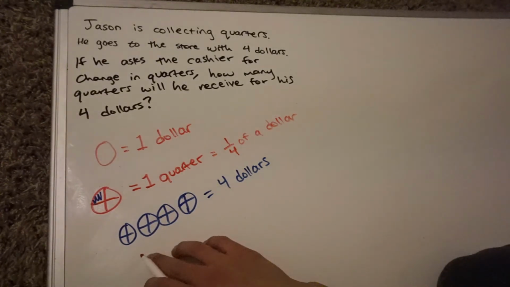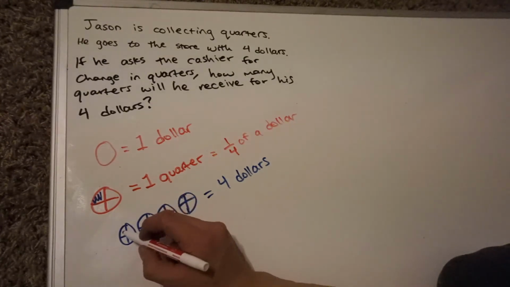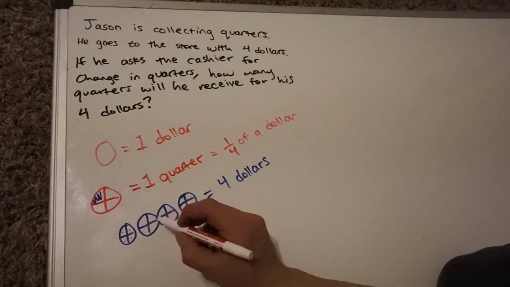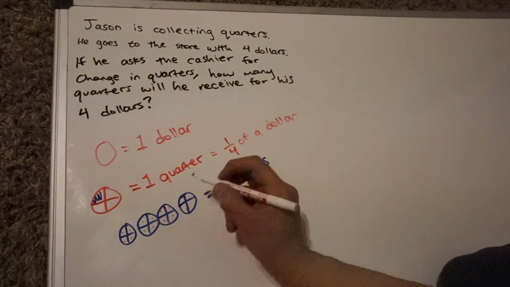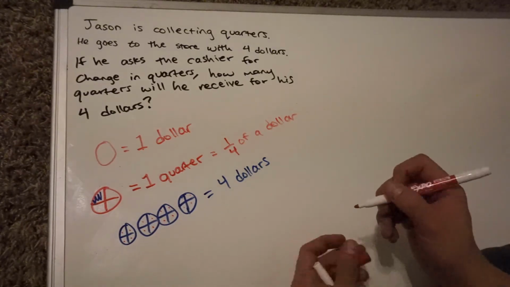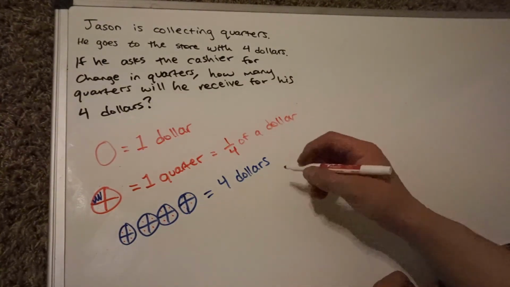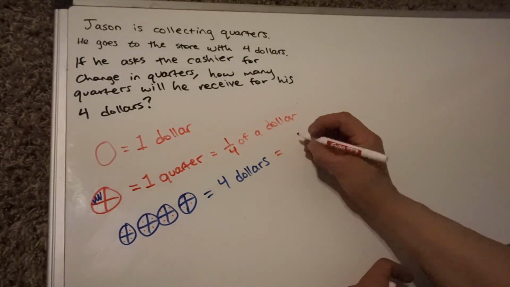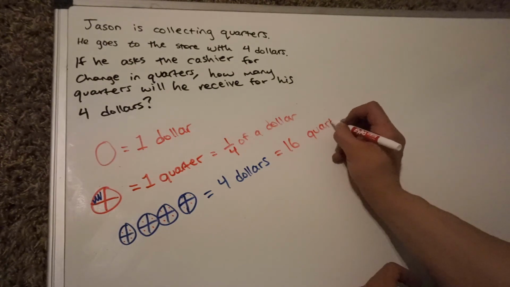Let's count those. We have 1, 2, 3, 4, 5, 6, 7, 8, 9, 10, 11, 12, 13, 14, 15, 16. So we know that there are 16 quarters in $4. Because he's asking for change, Jason will receive 16 quarters for his $4.